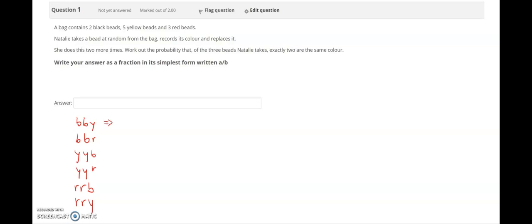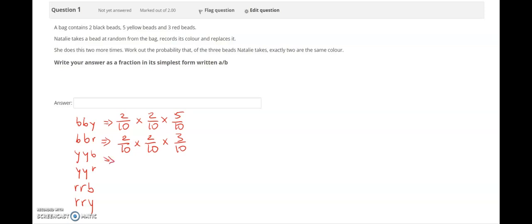Black has a probability of 2/10. So times 2/10 again, because there is another black. And yellow, 5/10. 2/10 times 2/10 times 3/10, because that's obviously for red.